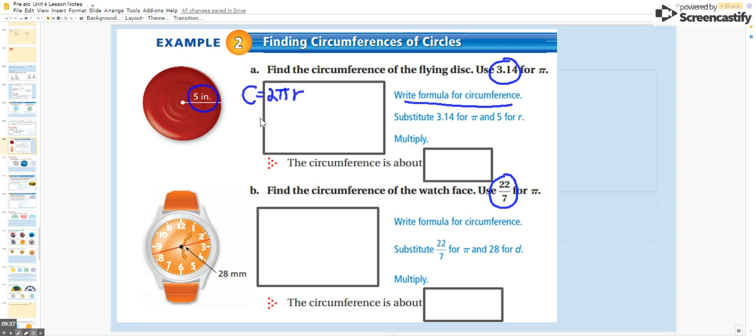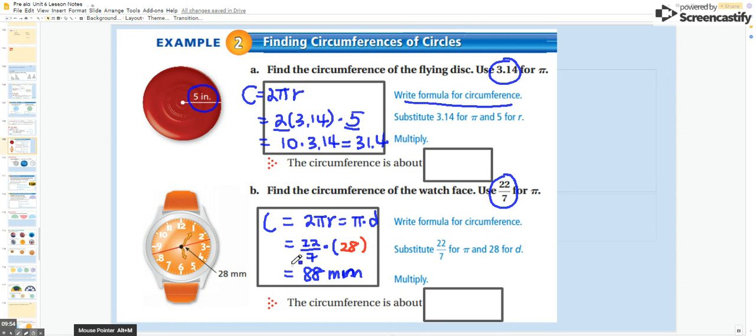I'm going to substitute 3.14 and the radius, which is 5. I'm going to multiply 10 times 3.14. So the answer is going to be 31.4 inches. And I repeat the equation, and if you plug in 28, then you will get 88 millimeters.